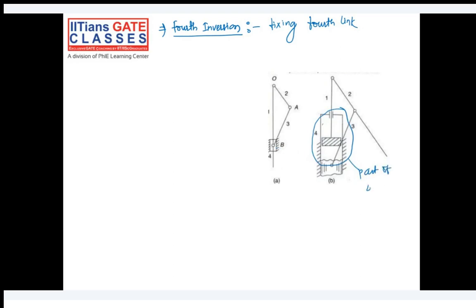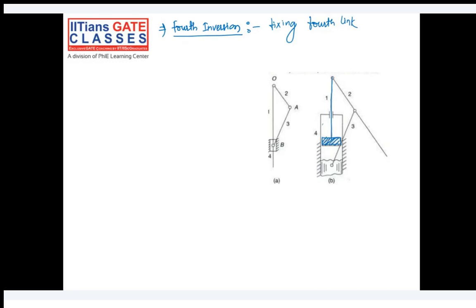In it, the piston of link 1 will do up and down motion, and you can clearly see this. If you move this arm, it will look like a hand pump. So the practical example of this fourth inversion will be a hand pump. How are we making the hand pump?